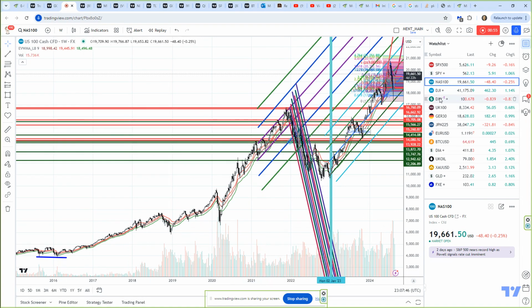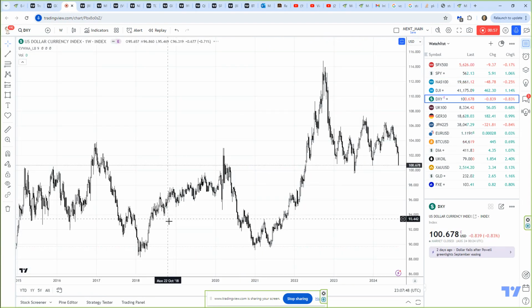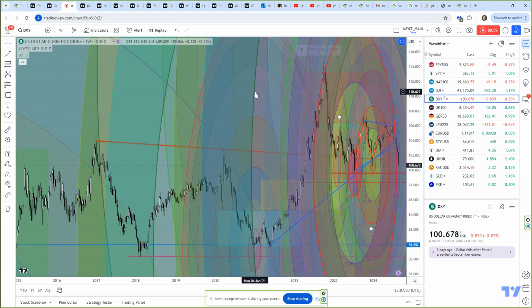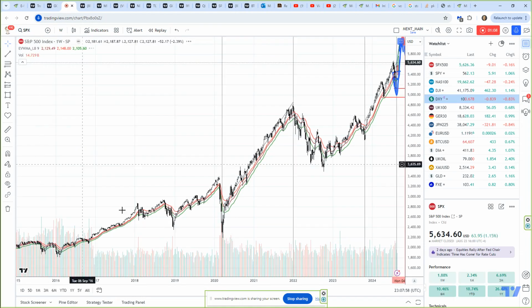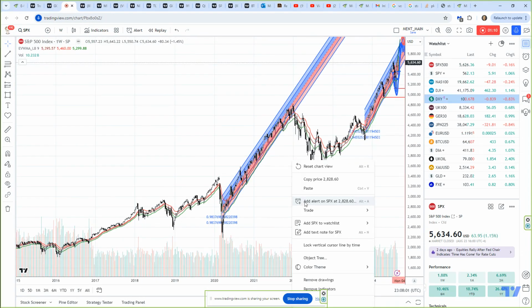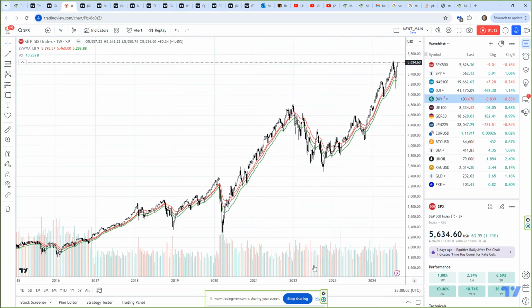In fact, let's do it with the Dow Jones because I think I've already done this. Ooh, wrong one. So let's try the SPX. Got too much drawing on here. Okay, so we can do it here. Remove all drawings. So this is basically the look. So look at this, right?